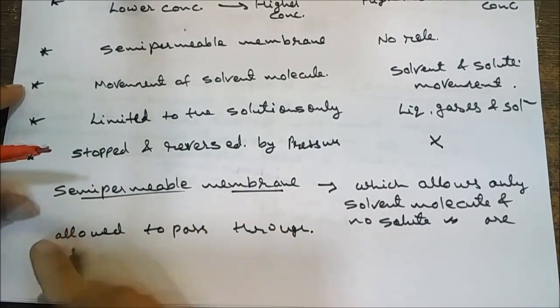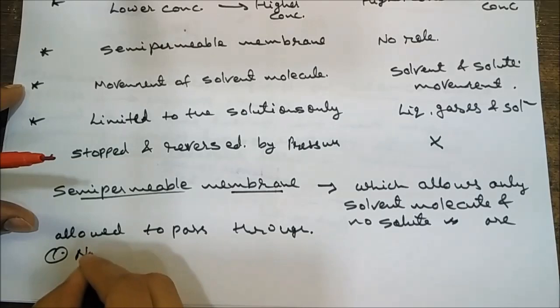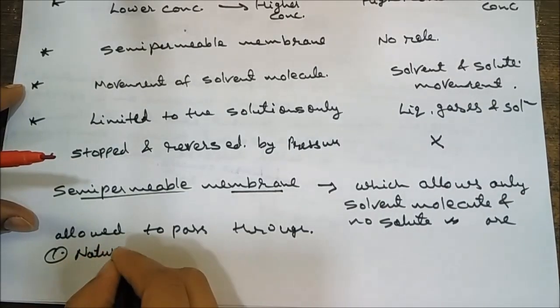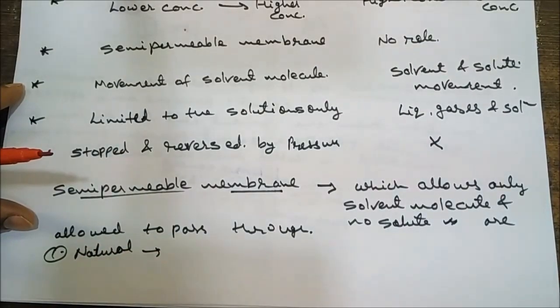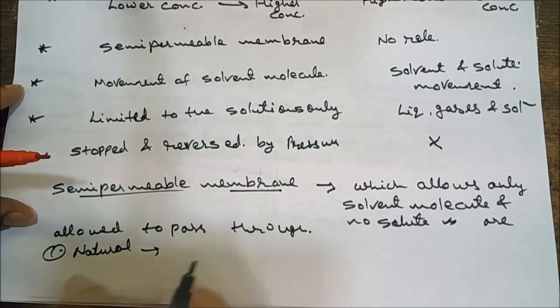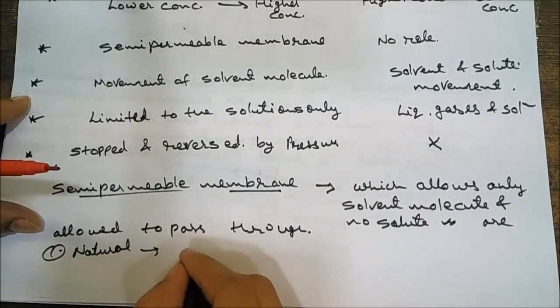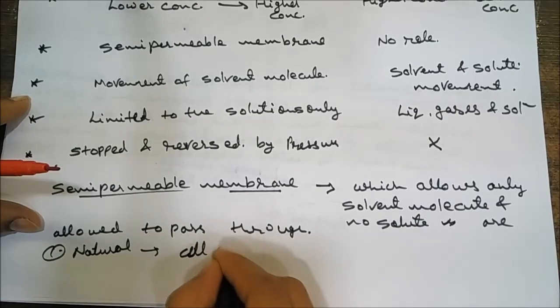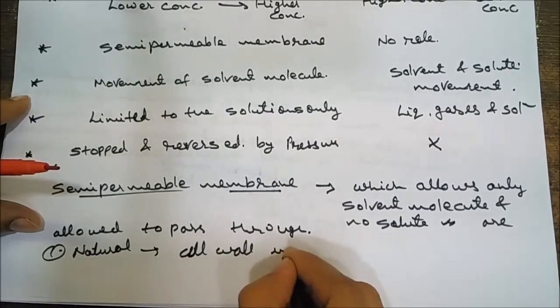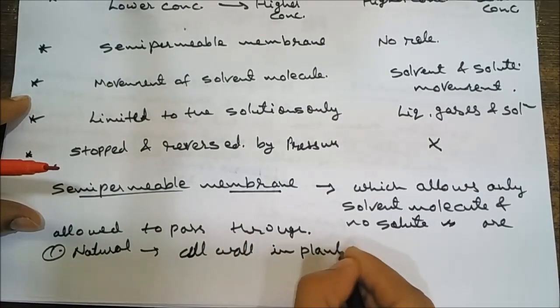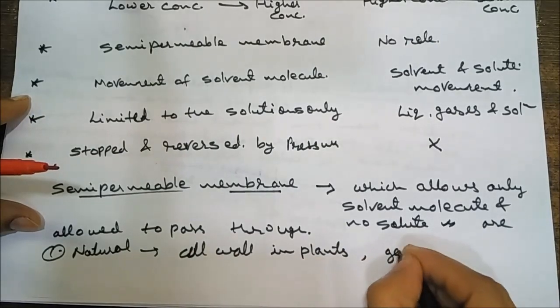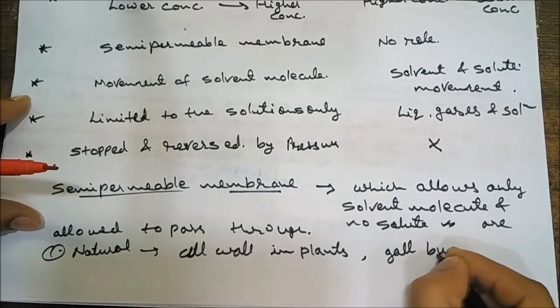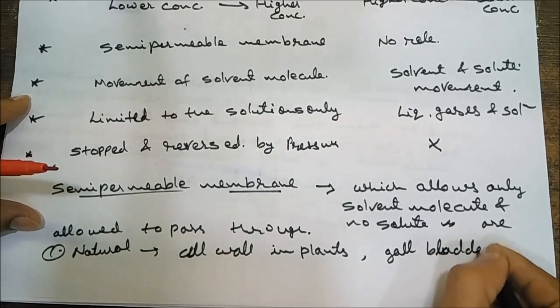Two types of semi-permeable membranes are there. First is natural, which we can find in living beings, such as the cell wall in plants or the gallbladder in animals.